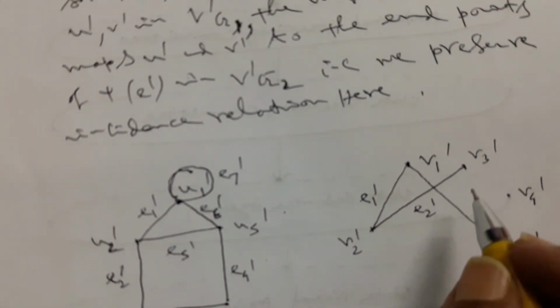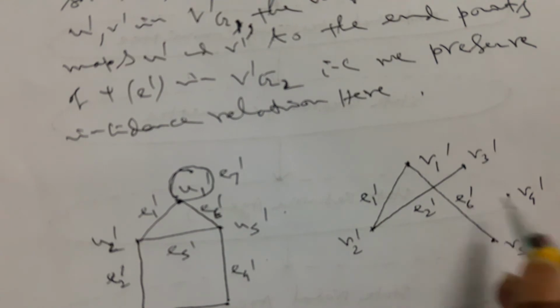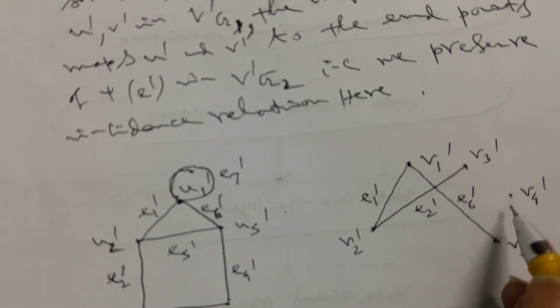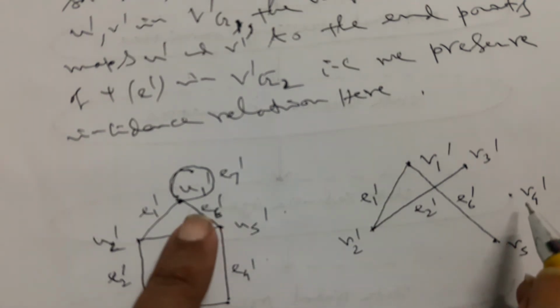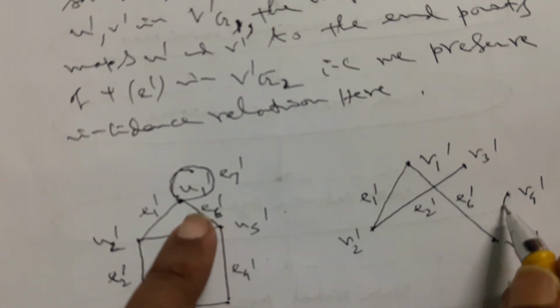If we add these two with the edges, that is e6'', corresponding 1 to 5, and here it is v4 to v5 and u4 to u5 corresponding, that is u4' and u5', that is e5'. So it will be e4', and another v3 v4'.